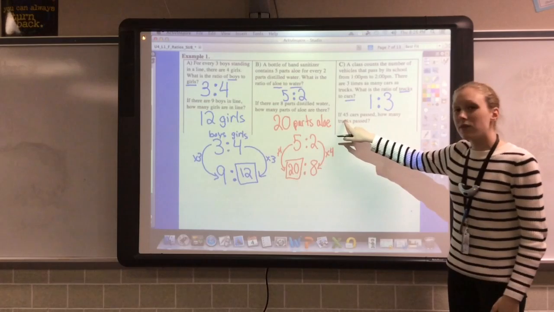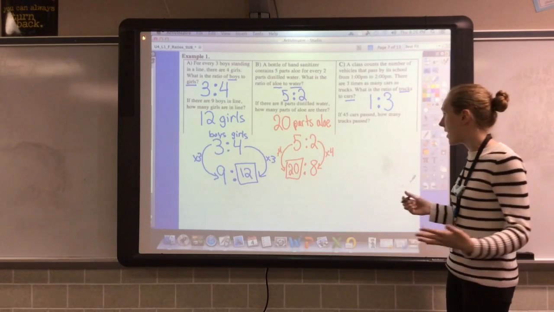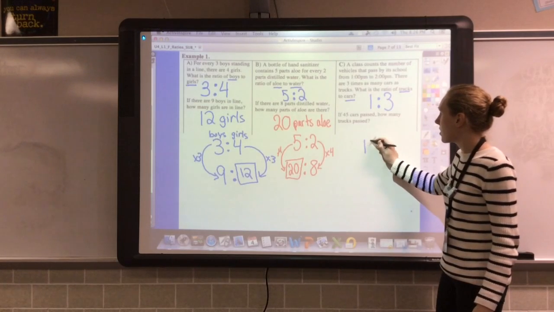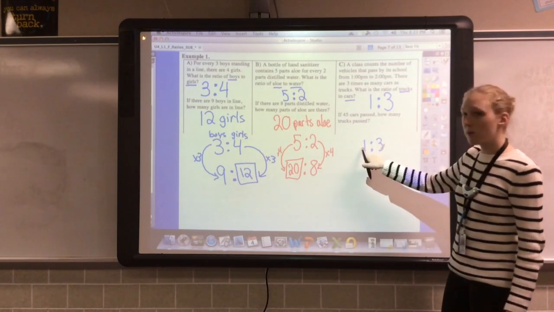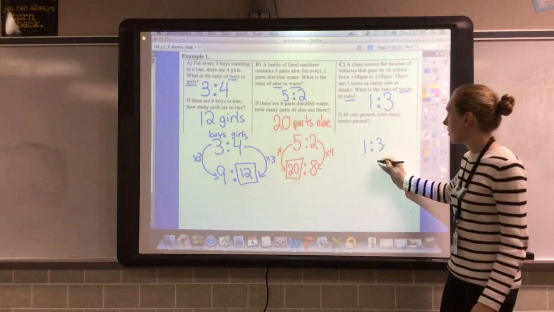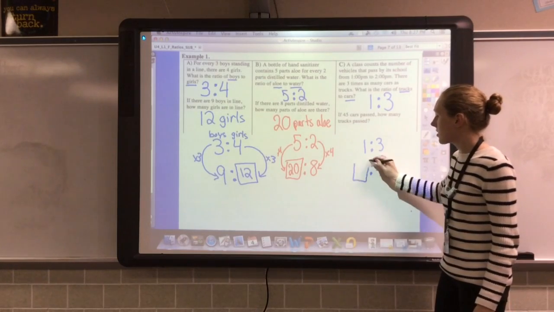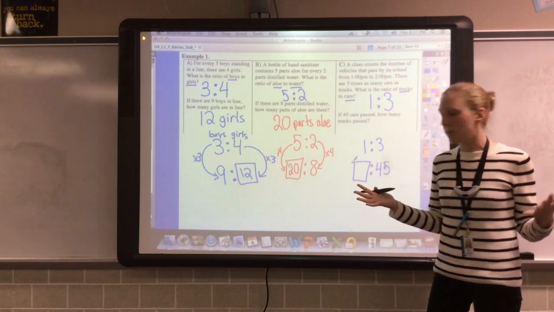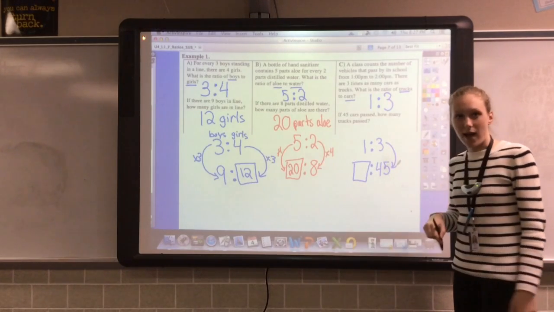Now if we've got 45 cars passing by the school, how many trucks pass by? So same thing we did before, we're starting with a ratio of 1 to 3. Now remember this first number is our trucks, the second number is the cars. The cars became a 45, so that 3 turned into a 45. We need to ask ourselves, what's the new trucks number? Okay? So how do we get from 3 to 45?